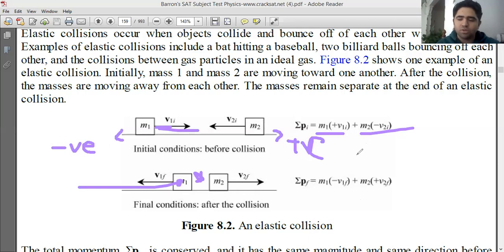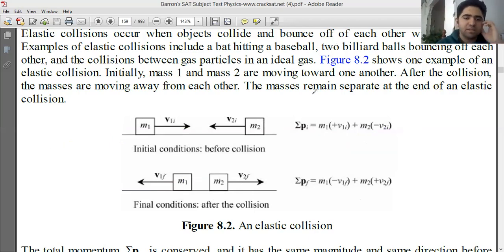Okay, so I still haven't reached my point about the conservation of momentum. What does the conservation of momentum mean? It means that the momentum before equals the momentum after. Sigma pi equals sigma pf.